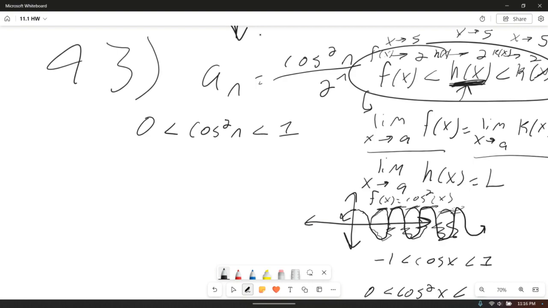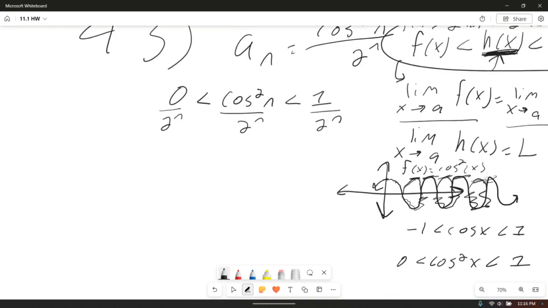And now this is a compound inequality. We can kind of treat this like an equality and divide everything by 2 to the n. This should preserve the compound inequality. So we get 0, and then we get cosine squared of n over 2 to the n, and then we get 1 over 2 to the n.